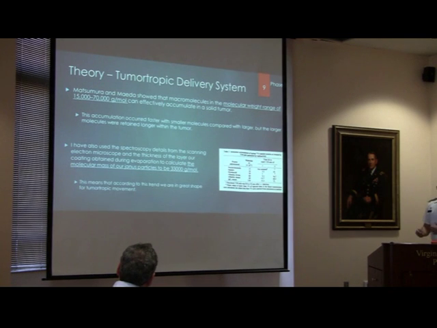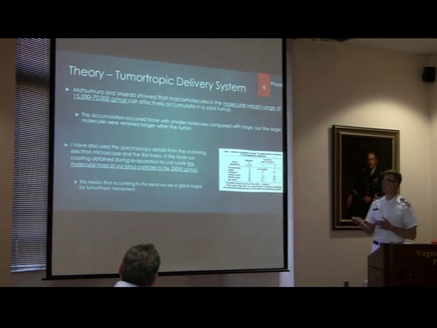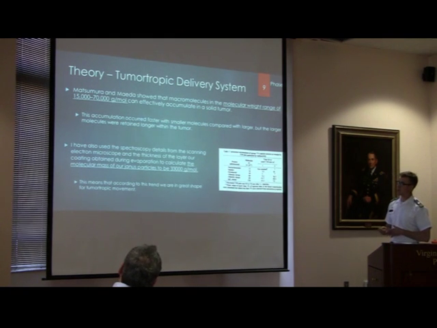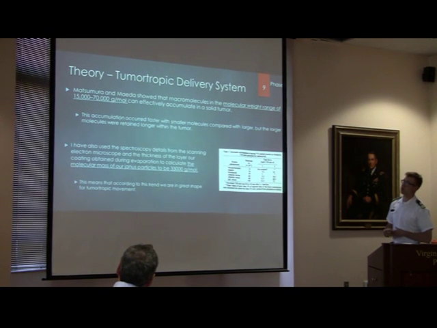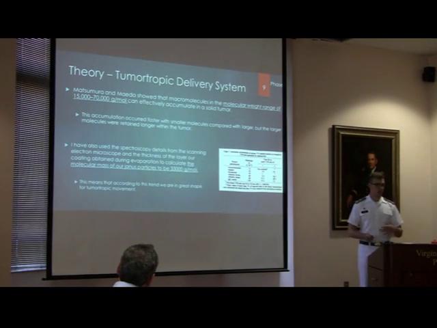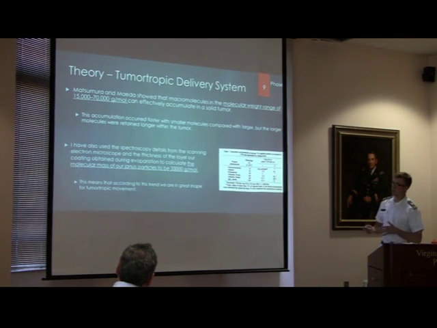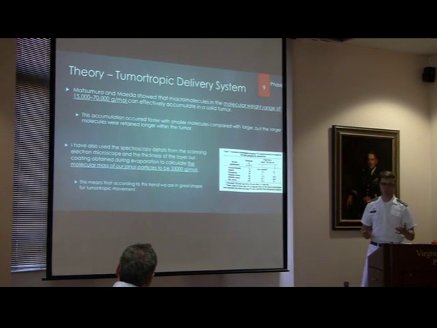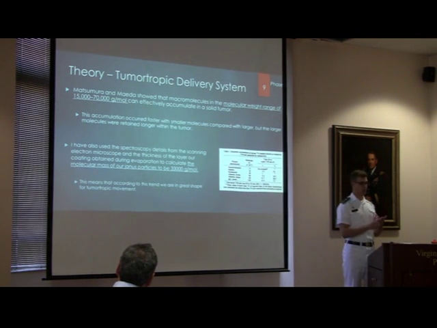But these researchers here actually did use nanoparticles. And they found that based on the molecular weight, within the range of 15,000 to 70,000 grams per mole, they would accumulate effectively on the tumor using that EPR effect that I talked about earlier. So I calculated the actual molecular mass of our Janus particle using what we got from that thickness monitor.